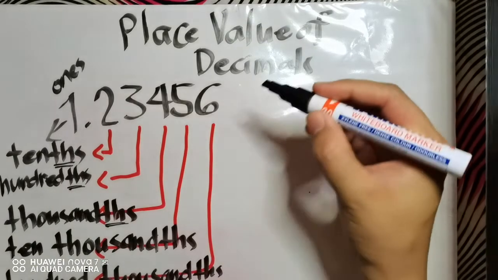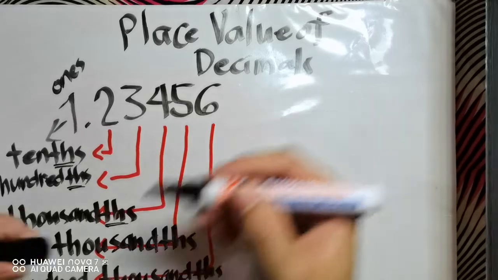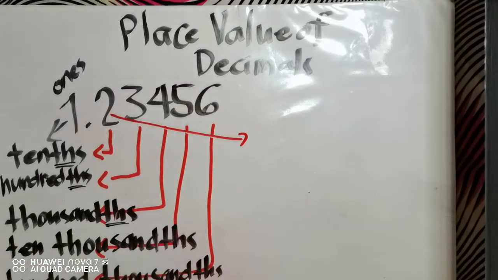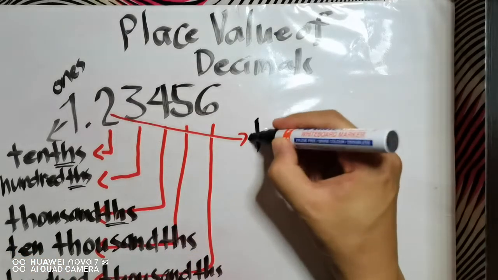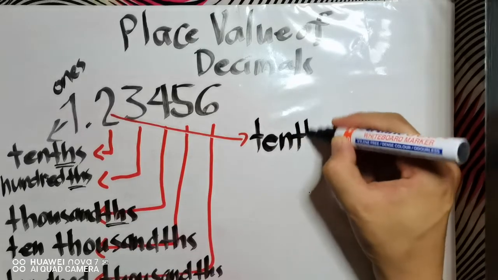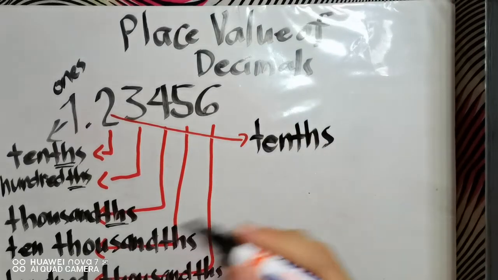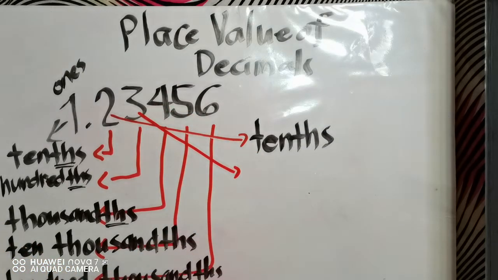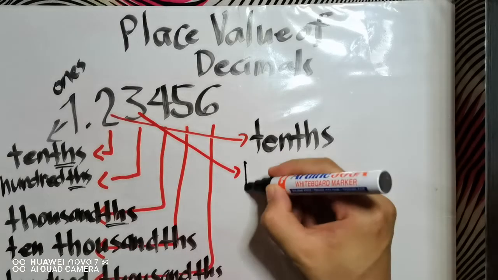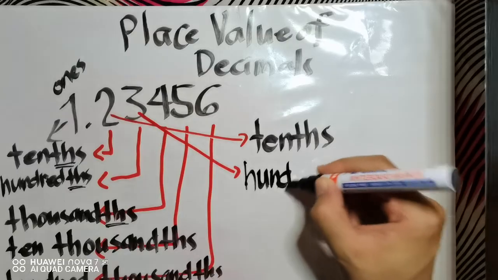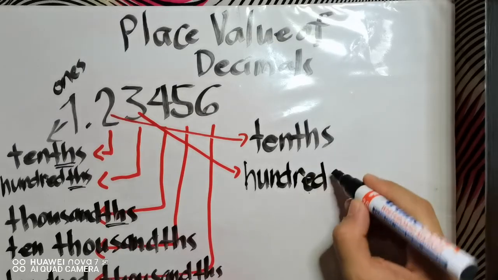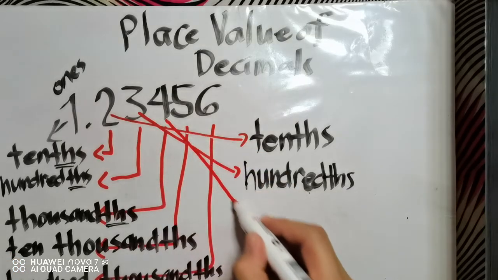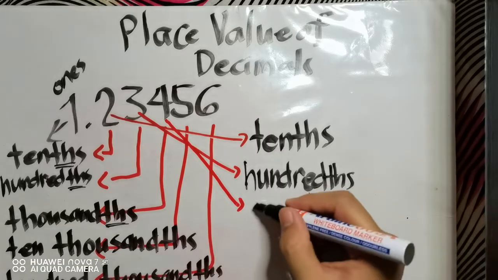Okay, so write natin. So, yung 2 ay tenths. Okay. Yung 3 ay hundredths. Again, take note of the spelling. Iba yan sa whole numbers. Yung 4, yan ay thousandths.